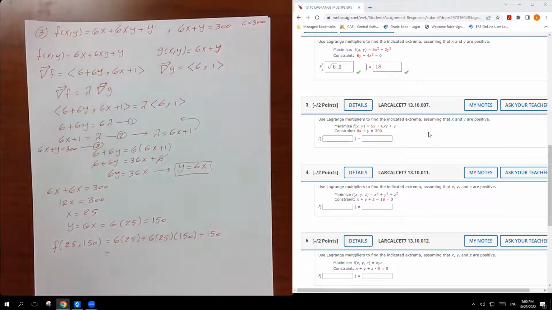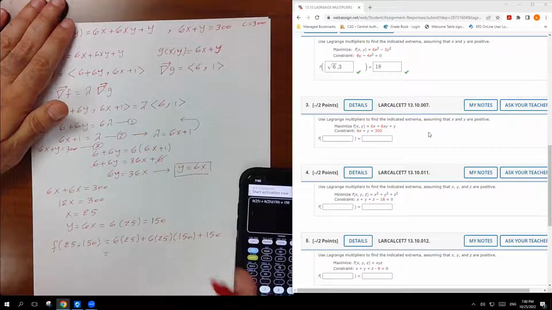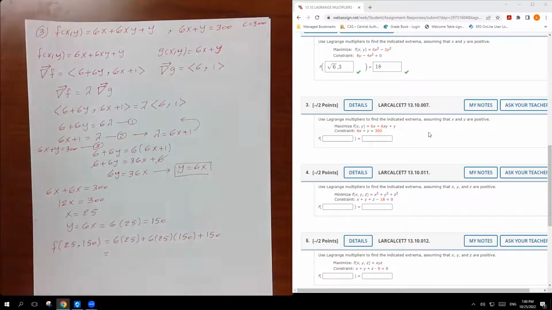Let's plug in everything in the calculator. So 6 times 25 plus 6 times 25 times 150 plus 150 is going to be 22800.